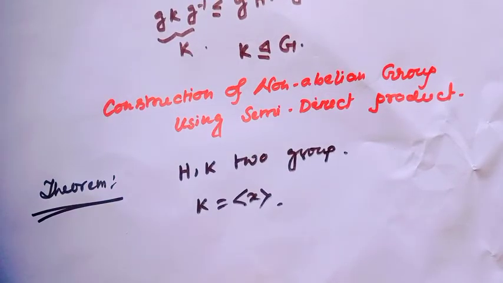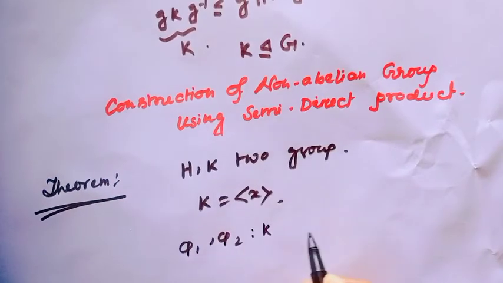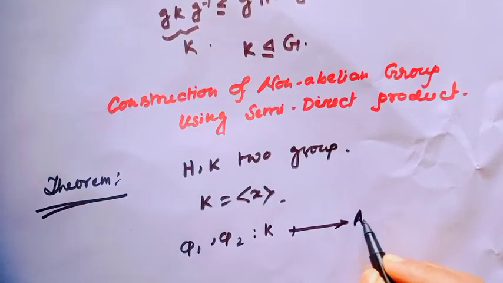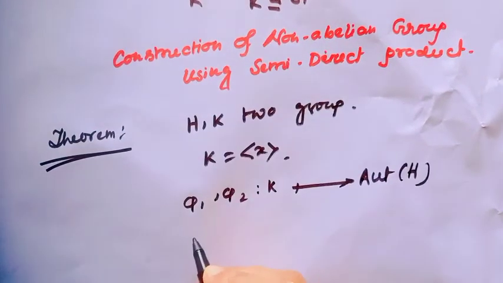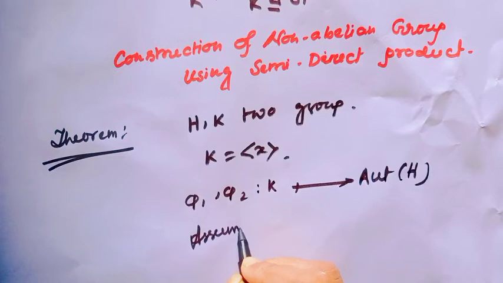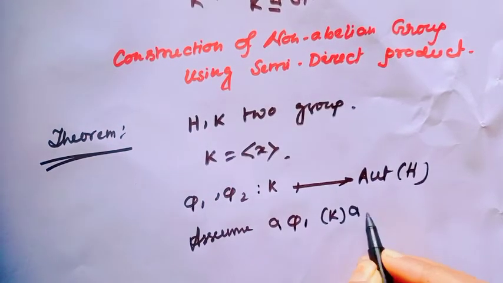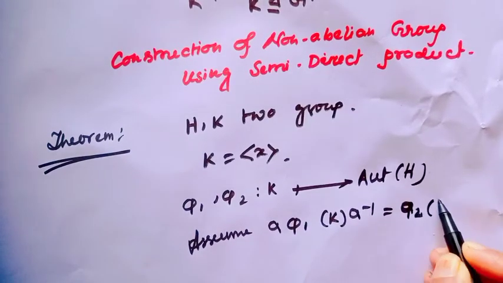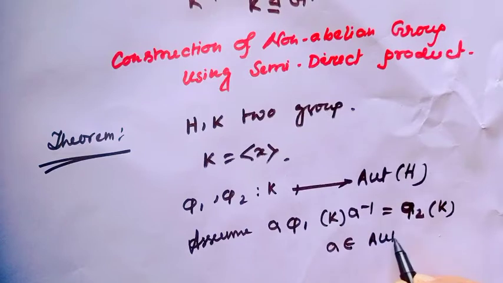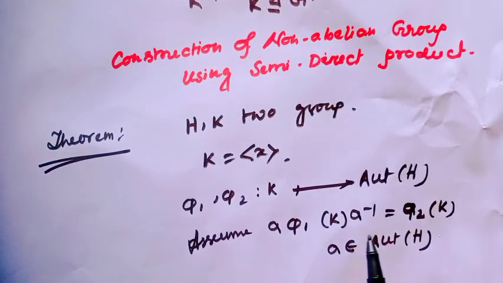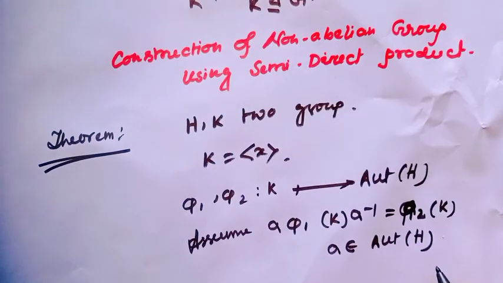Suppose there exist two homomorphisms phi 1, phi 2 from K to the automorphism group of S. Then assume sigma phi 1(K) sigma inverse equals phi 2(K), where sigma belongs to the automorphism group of S. Here phi 1 and phi 2 are conjugate to each other.